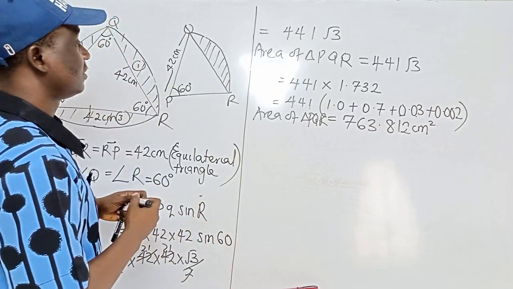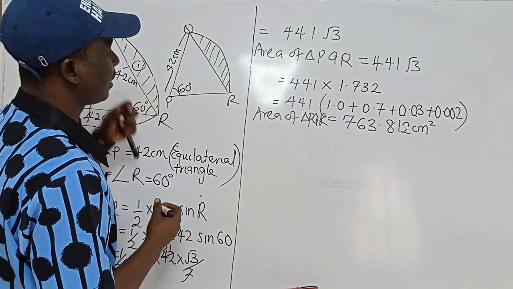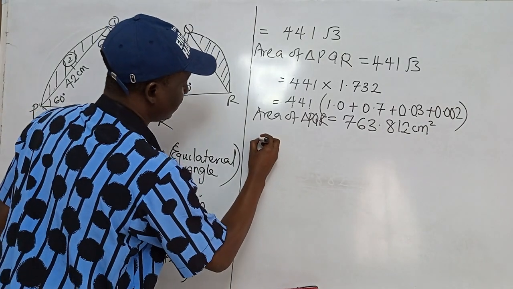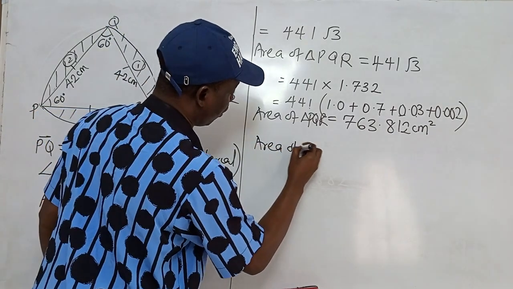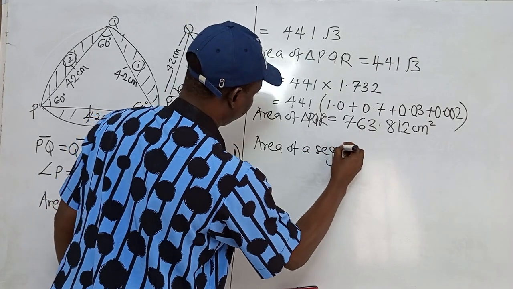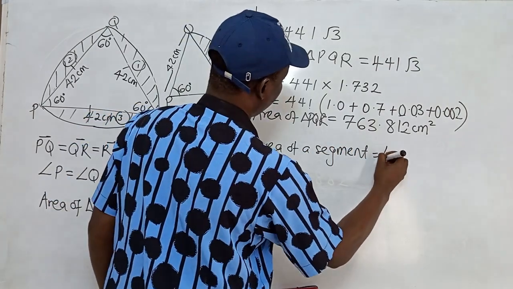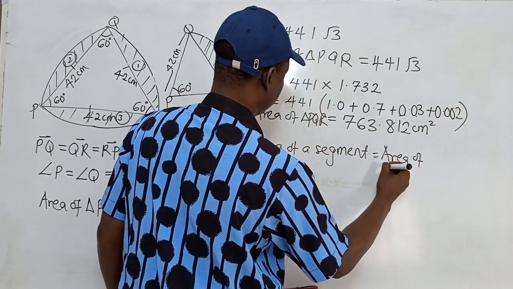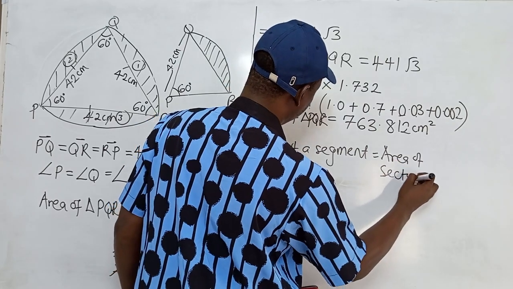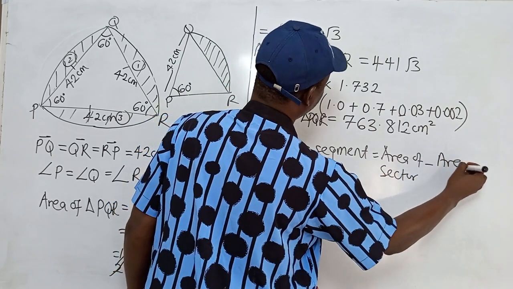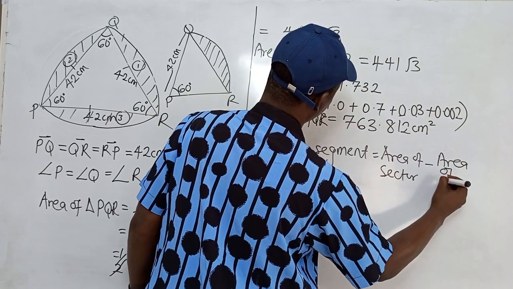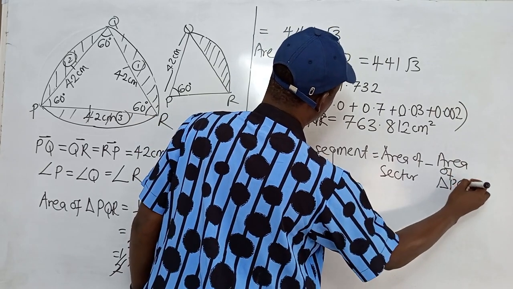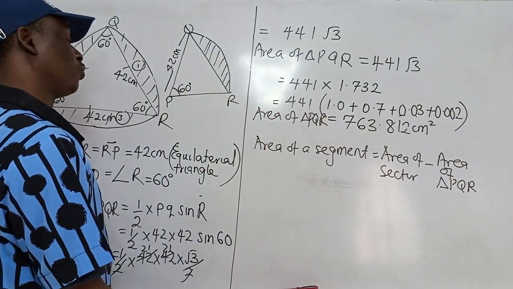Now, look at it. The area of a segment is equal to the area of the sector minus the area of triangle PQR. So that's what I'm going to use to get our answer.